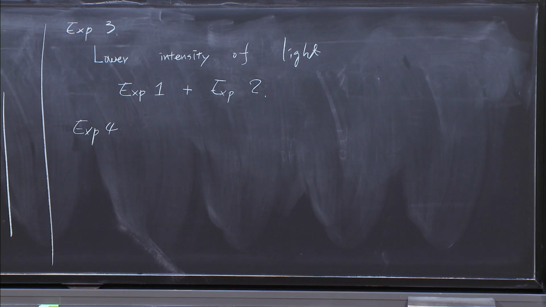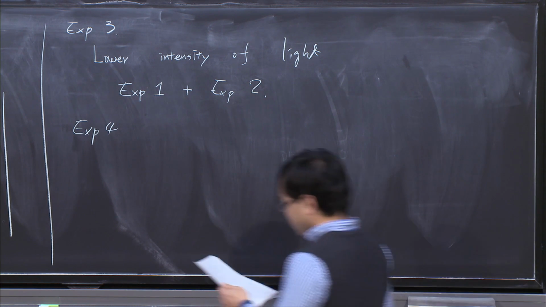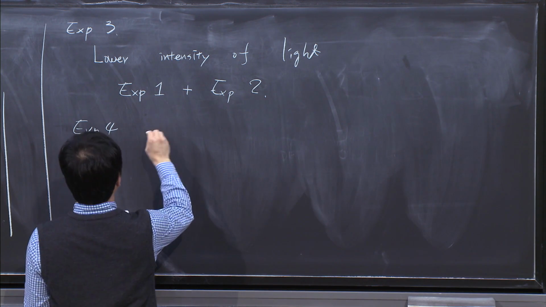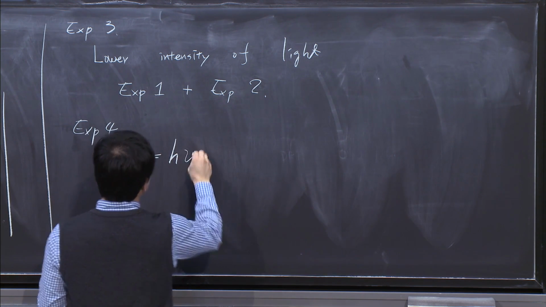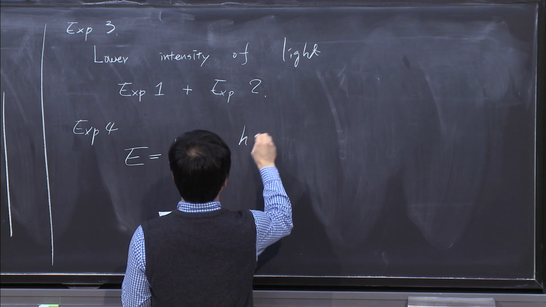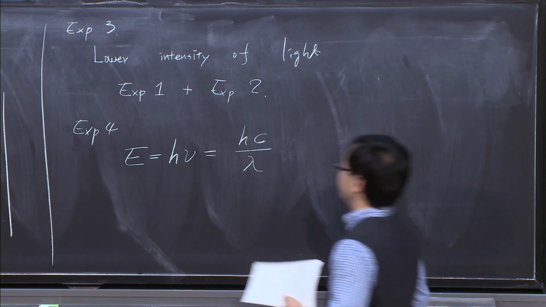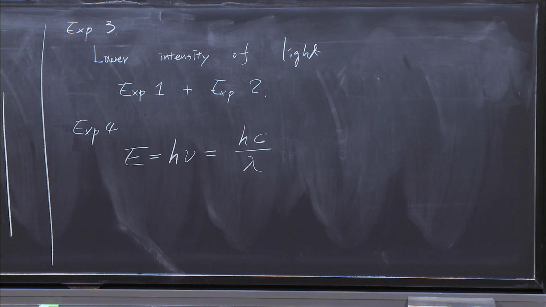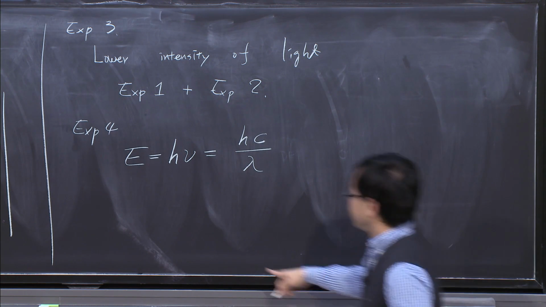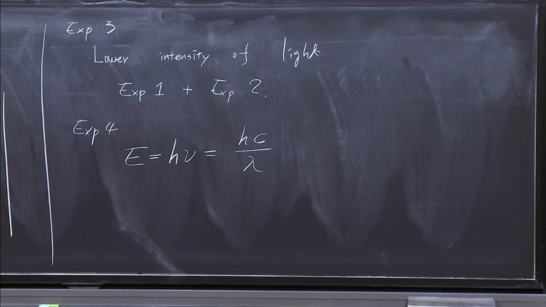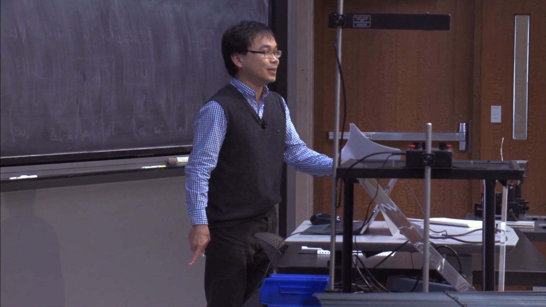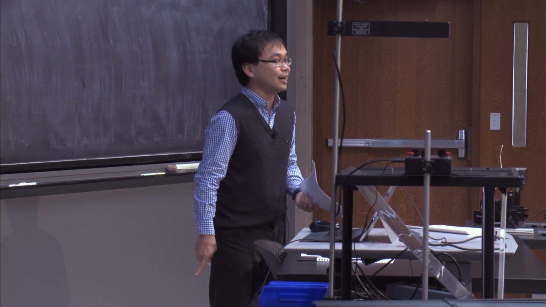Experimental result number 4. So what will happen if I use this formula, E equal to h bar nu equal to hc divided by lambda, right? Because nu is just c over lambda. What will happen if, instead of lowering the rate of photon emission, I lower the energy of the individual photon?